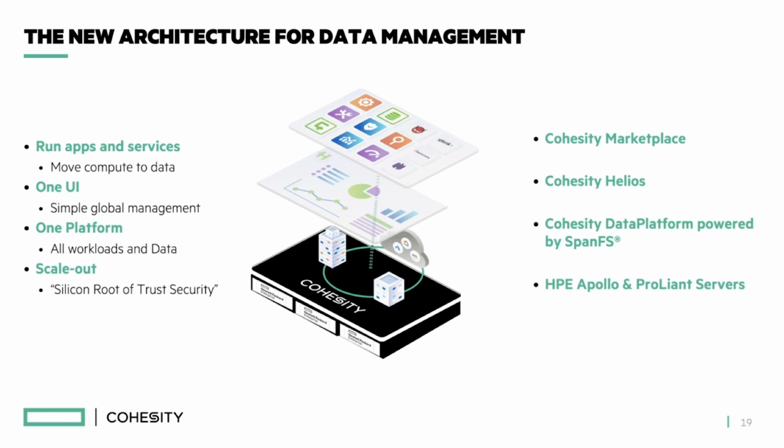And the best part, all of this is consolidated on HPE's Gen 10 Apollo and ProLiant servers, which are validated jointly by both the companies and secured thanks to Silicon Root of Trust security, which is inbuilt in HPE. So this is what we call the new modern architecture for data management for companies, which is how they would modernize their data infrastructure.